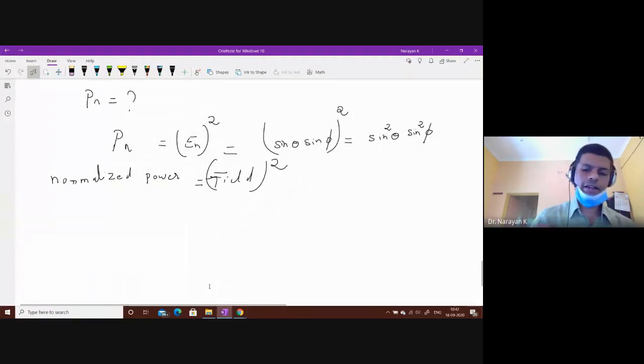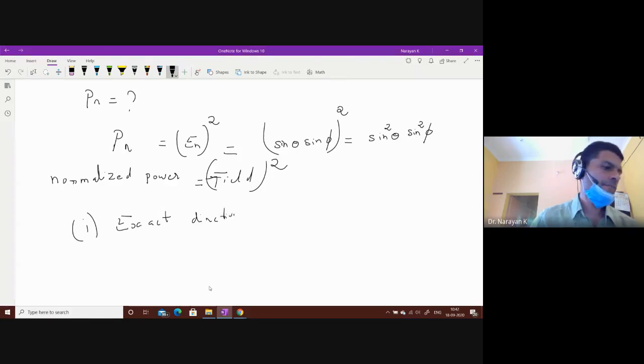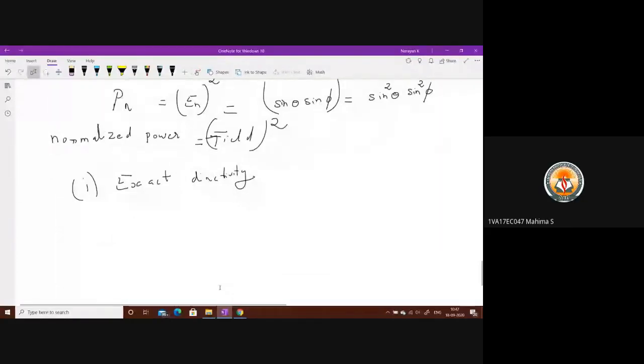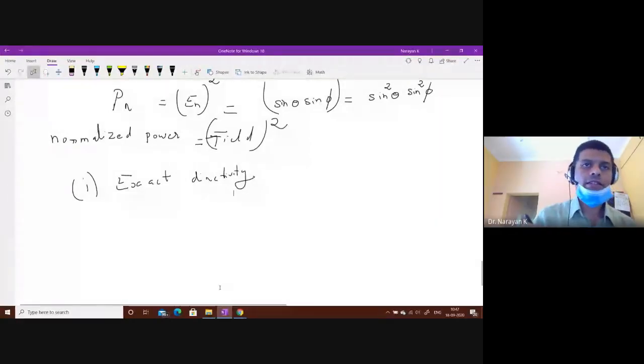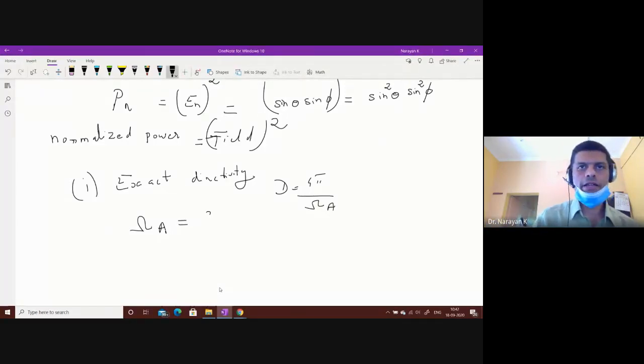First, what we have to find in the question is the exact directivity. That is your solid angle or the beam area, sigma A. First, I know directivity is equal to 4 pi divided by sigma A. So how do I find sigma A?